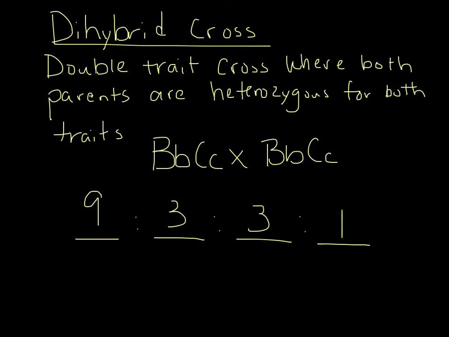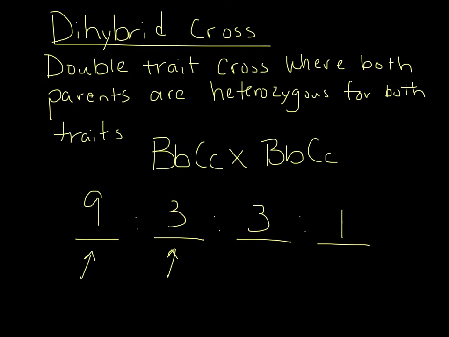So in other words, if I did this cross, just like I did the previous one, I would get 9 of those children, 9 of the possibilities would be red hair and curly.